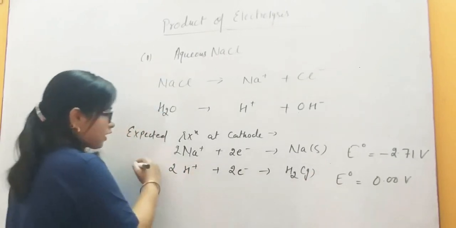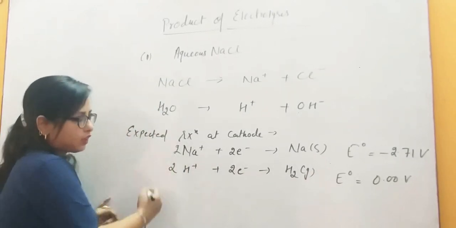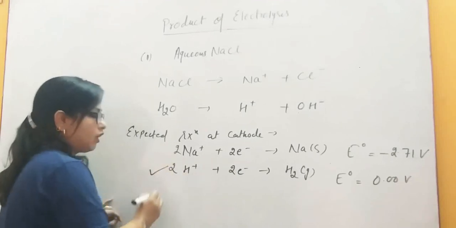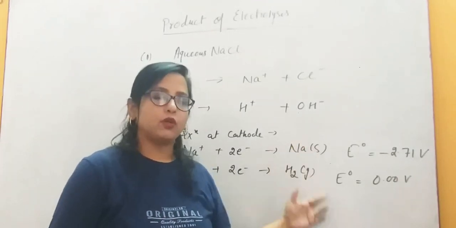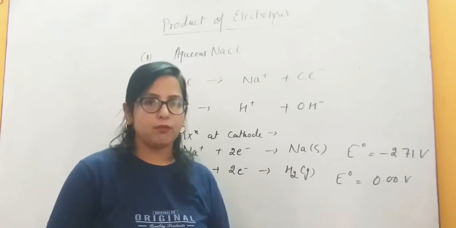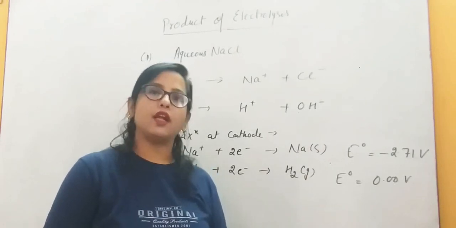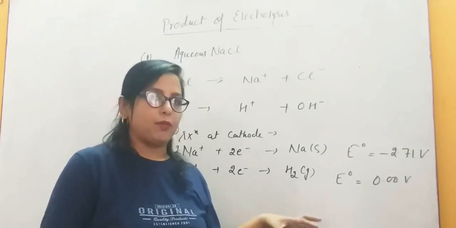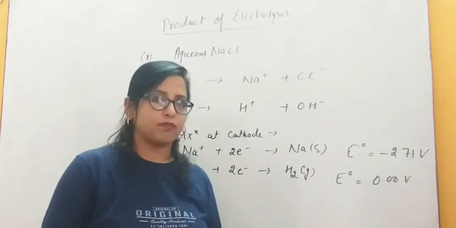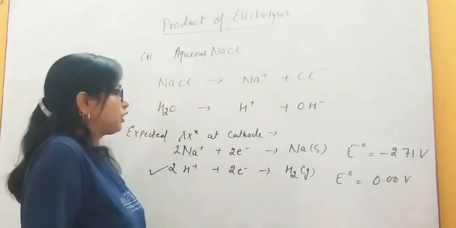These are the two expected reactions, but the reaction that actually occurs is reaction number 2, because due to the very low reduction potential of sodium, it is a very reactive metal and it cannot be collected over the cathode. So the product will be hydrogen, not sodium, due to the difference in reduction potential value.